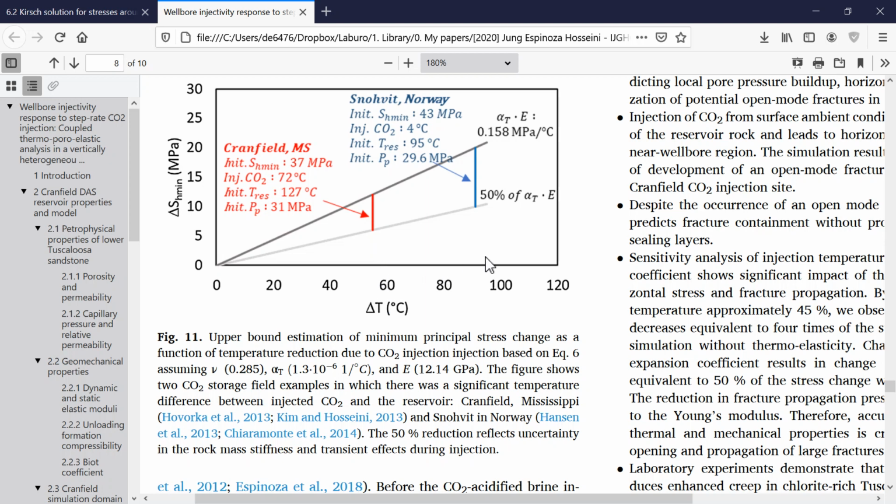But there are some other cases, however, in which the changes of temperature could be a lot larger than that. Like, for example, in this particular case, also with injection with CO2 in a Nordic region, the change of temperature between surface and the reservoir was about 90 degrees.